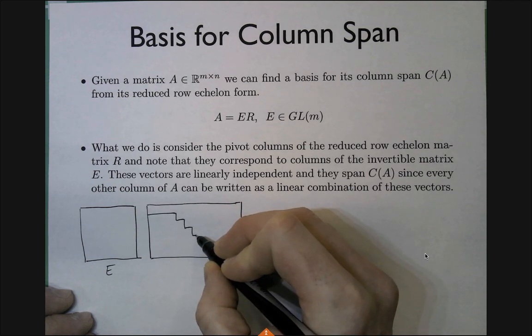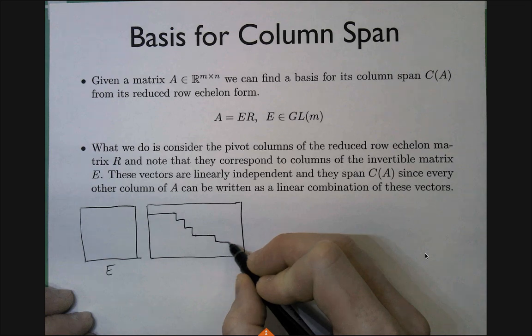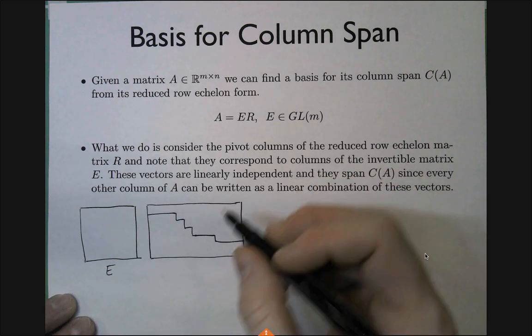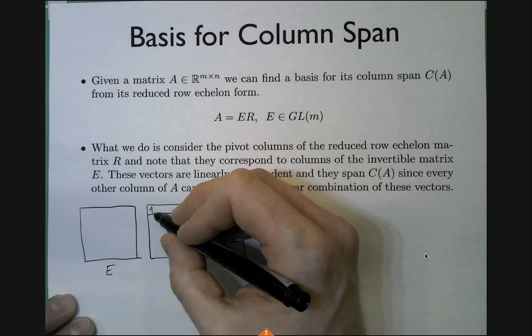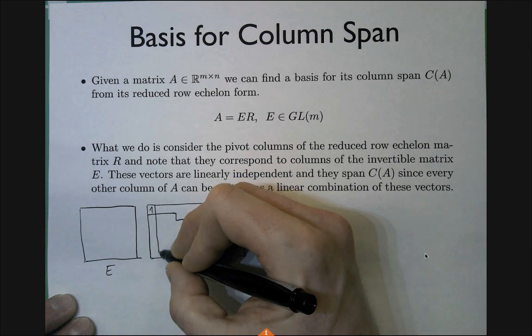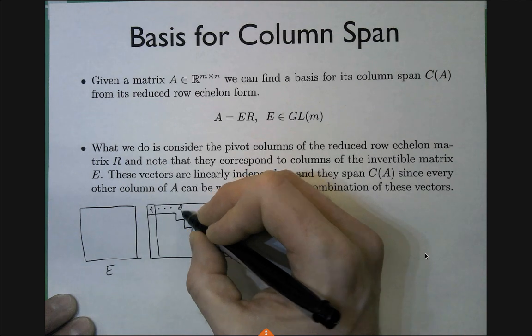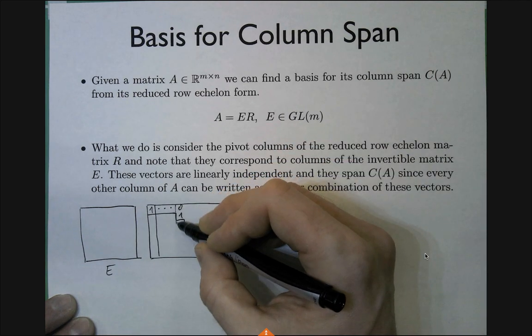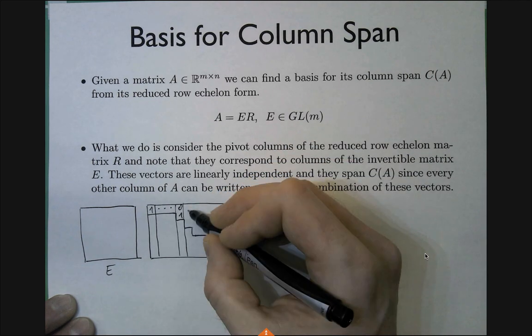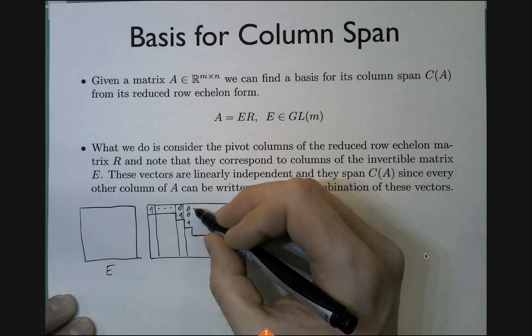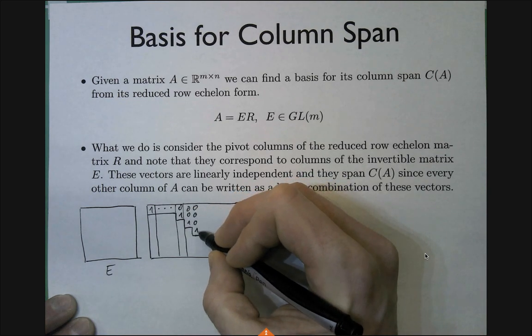Like this, that could be like this, and there can be some zeros at the end of it, right? And if it's a reduced row echelon, it has this form that there is a 1, and everywhere else there are zeros. Then there are some non-zeros here, and this is another pivot column here. That would be another pivot column here, another one here.